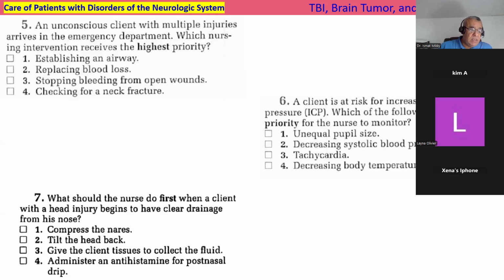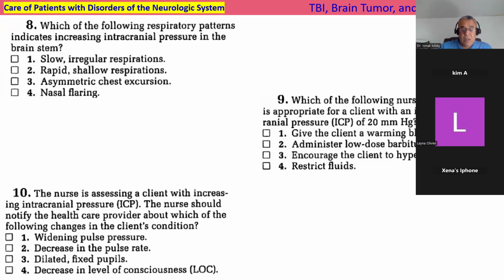Okay, number 8. Which of the following respiratory patterns indicates increasing intracranial pressure in the brain stem? The slow, irregular respirations, because the neural control of respirations takes place in the brain stem. The brain stem is responsible, the breathing center which controls breathing is in the brain stem.